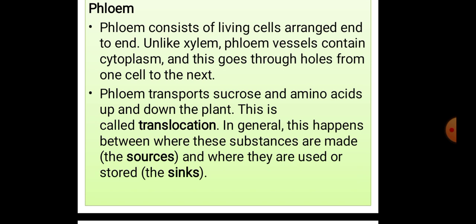Okay, when you come to phloem, as you know, phloem consists of living cells arranged end to end. Unlike xylem, phloem vessels contain cytoplasm, and this goes through holes from one cell to the next. Phloem transports sucrose and amino acids up and down the plant.